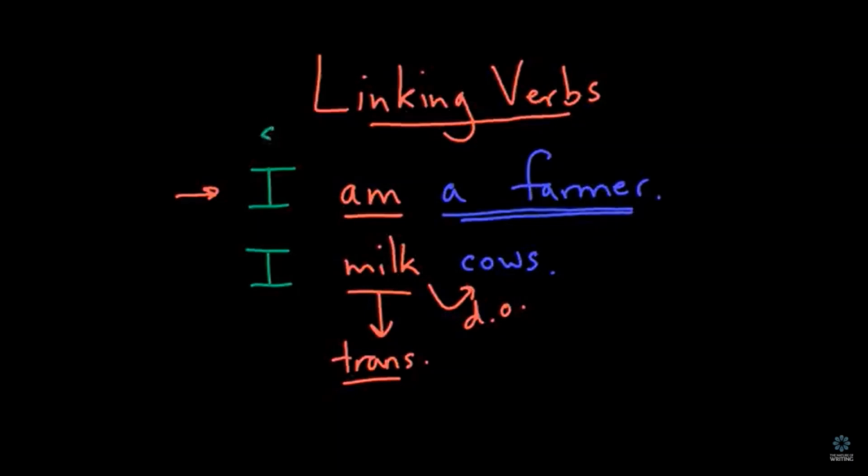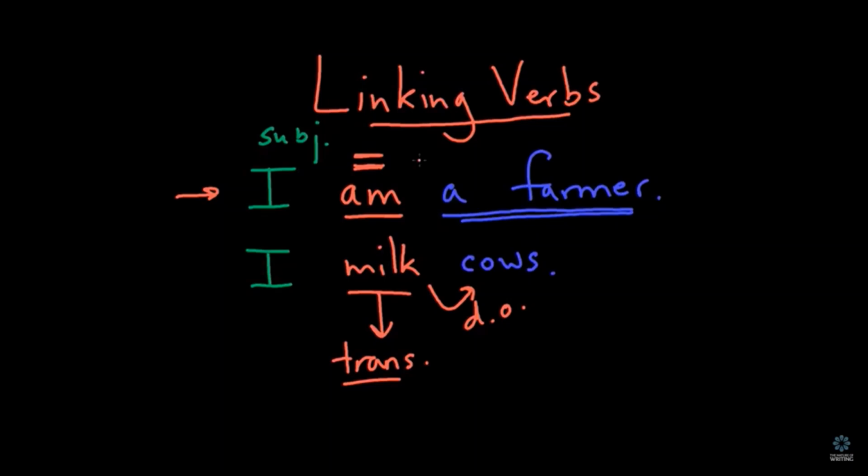If we look earlier, we have I as the subject, and then we've got our linking verb, and whatever comes afterwards describes the subject. You can think of a linking verb as a kind of big equals sign. It has a similar function to an equals. I equals a farmer. And you couldn't say that with the second one. You couldn't say I equals cow. That wouldn't make much sense.